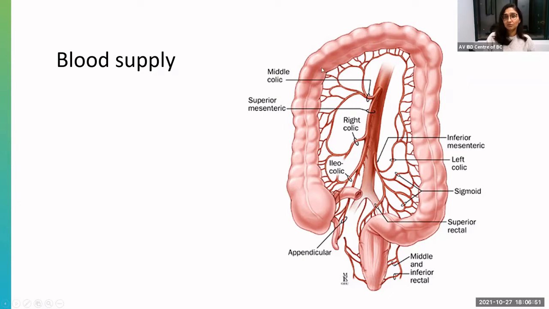The middle colic, which supplies the middle portion of the colon. Further along the aorta, the most distal branch that comes off the aorta is the inferior mesenteric artery, and that supplies blood to the left colon through the left colic artery, the different sigmoidal branches to the sigmoid colon, and the superior rectal artery, which supplies blood to the top one-third portion of the rectum.